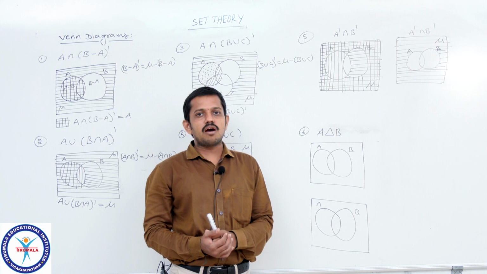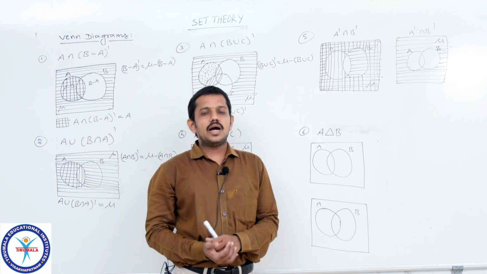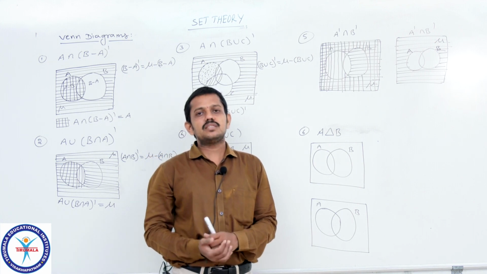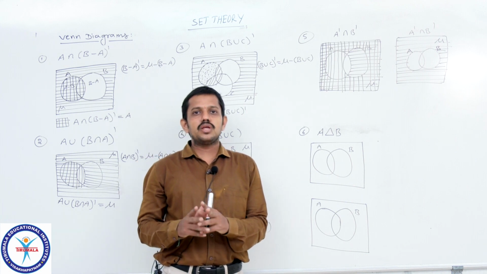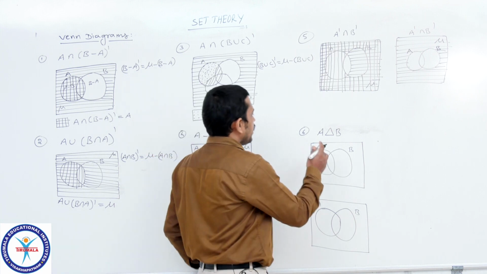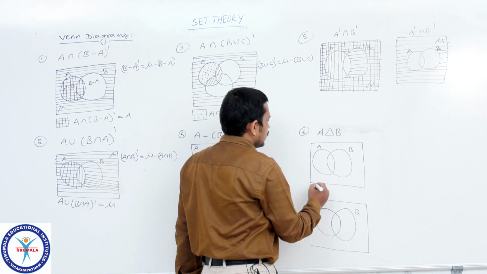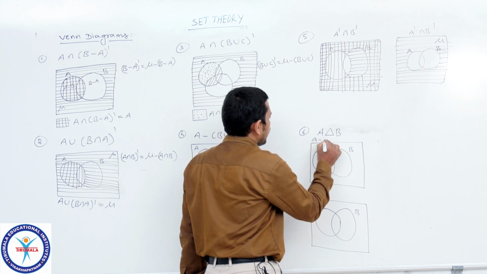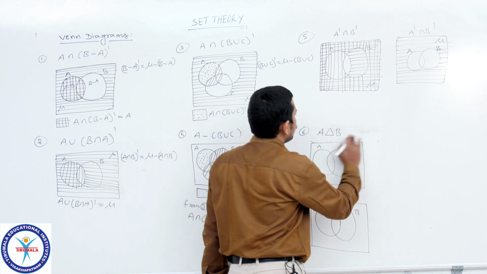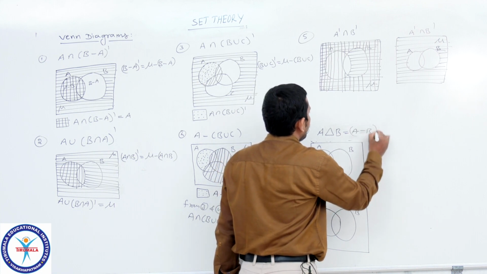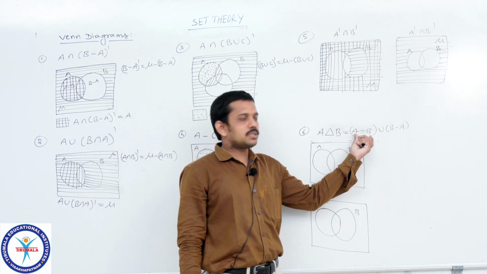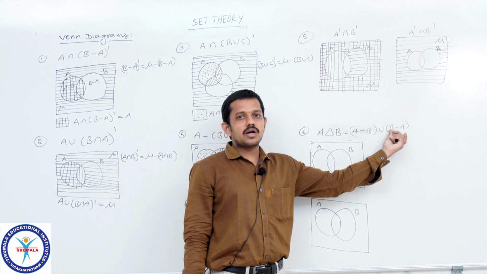It is nothing but the union of A minus B and B minus A, and it can also be denoted as A union B minus A intersection B, means the region which is belonging to A union B which does not include the common region of A and B. So, here first I am considering the case when A delta B is equal to A minus B union B minus A, means the region belonging to A minus B or the region which belongs to B minus A.